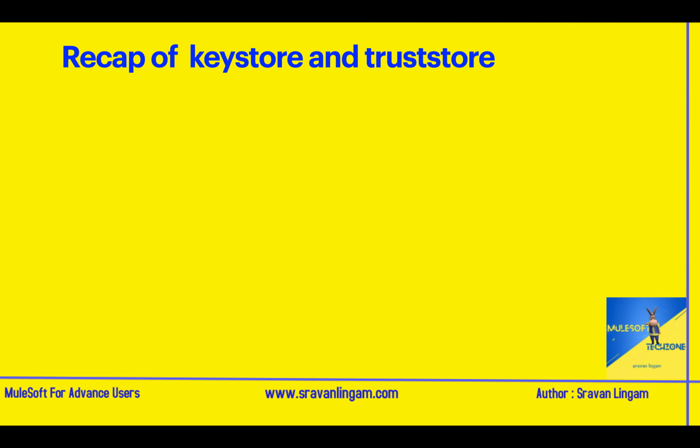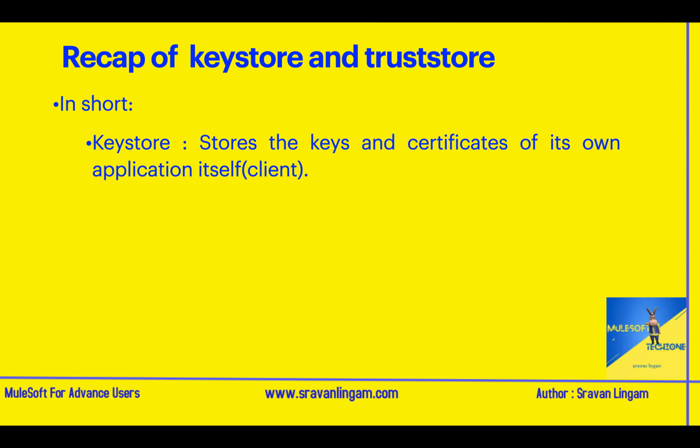Let's take a recap of what we discussed in the previous video. We saw the role of TLS, the role of CA, and why we need to use TLS, and at the end of the session we discussed keystores and truststores. In short, a keystore stores the keys and certificates of its own application.